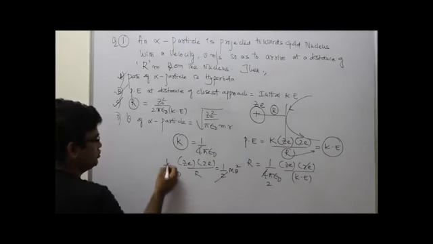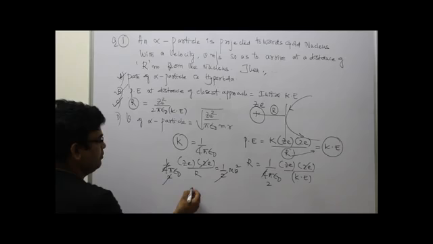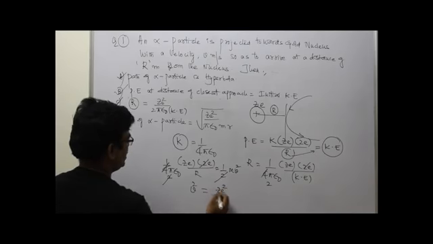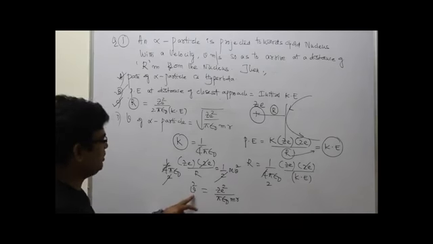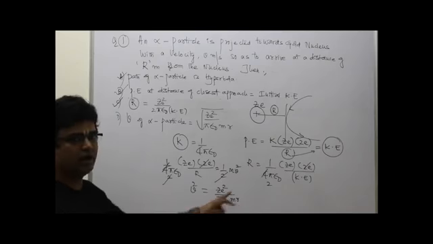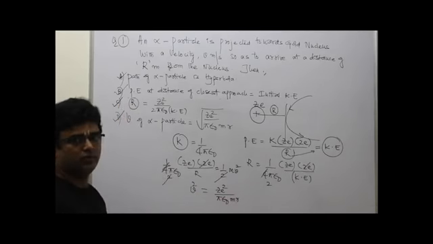You can cancel this 2. Again, this 2 also gets cancelled. I can make v square subject. V square is equal to ZE square by pi epsilon naught mr. So velocity will be equal to ZE square by pi epsilon naught mr under root. So option D also correct. Hope you understand.